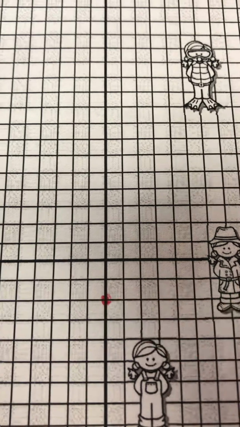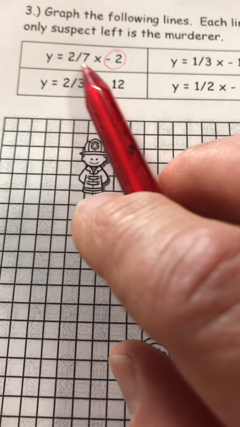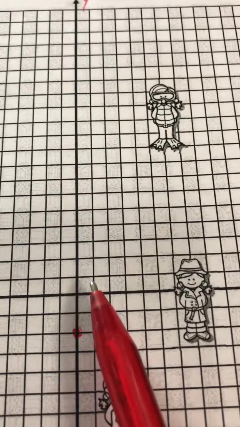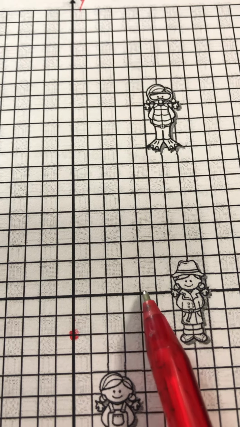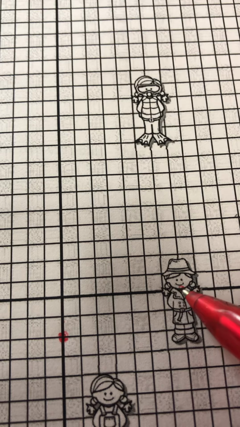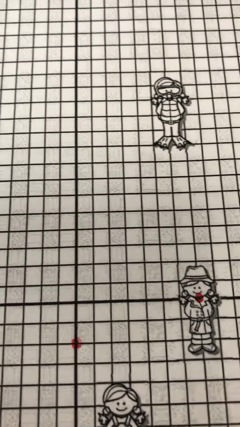I'm going to start there. I'm going to put a point there. And this is the slope. It goes up 2 over 7. So up 1, 2, over 7: 1, 2, 3, 4, 5, 6, 7. Boom. Right on this person's chin. Okay, so it's obviously not that person.